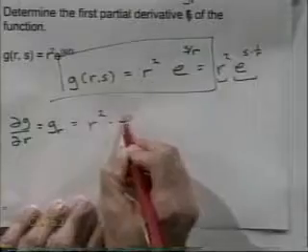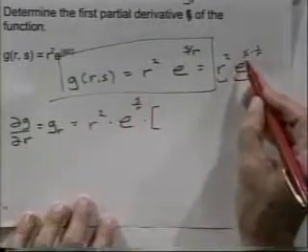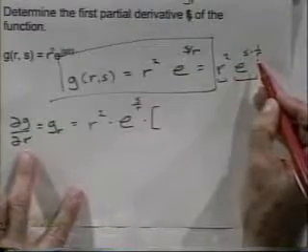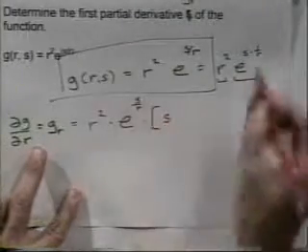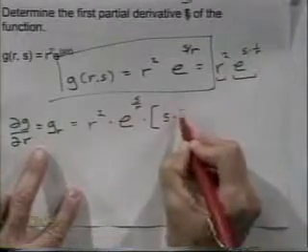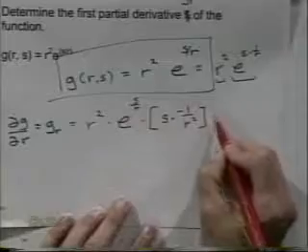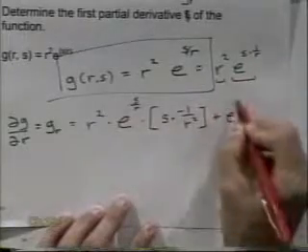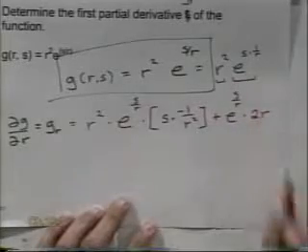So it's going to be e to the s over r times, now what's the derivative of s times 1 over r with respect to r? Good. The s is a constant, and the derivative of 1 over r is minus 1 over r squared, plus the second, which was e to the s over r, times the derivative of the first, which is 2r.